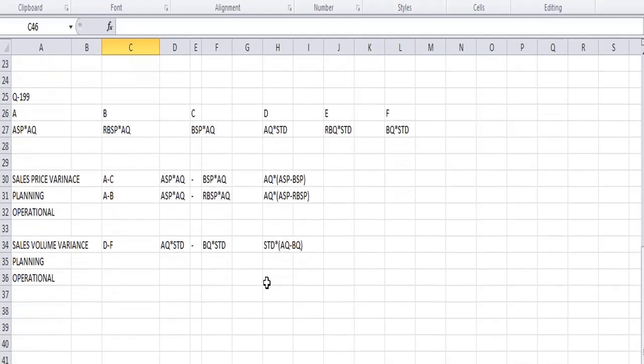Now you can do the same for the volume variance. No, it will be operational variance, it's my fault.